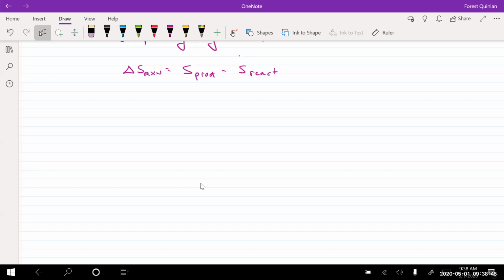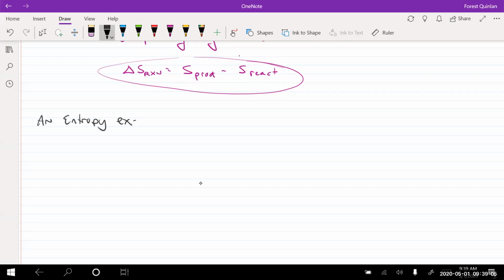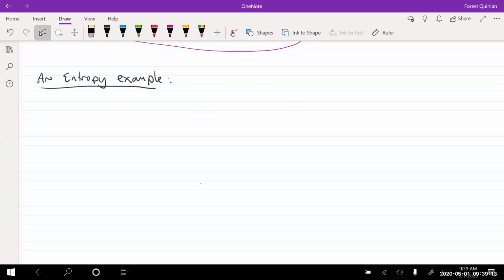Now, what is entropy and what is delta G? Let me give you my best shot at what entropy is, with an example. Oh, I gotta get my participants back here. There we go. Oh, I get to use my colors too.